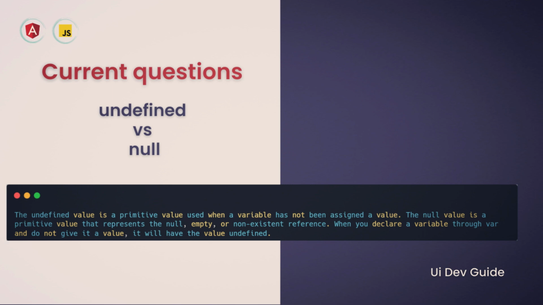Undefined means it doesn't have any value in it. Null is something you have put inside a, where a equals null. If you try to print it on the console, it prints null. So null is a kind of value, whereas undefined means nothing is present.